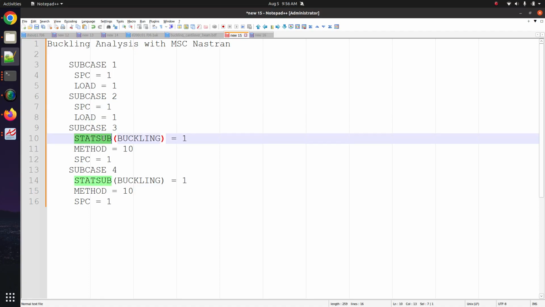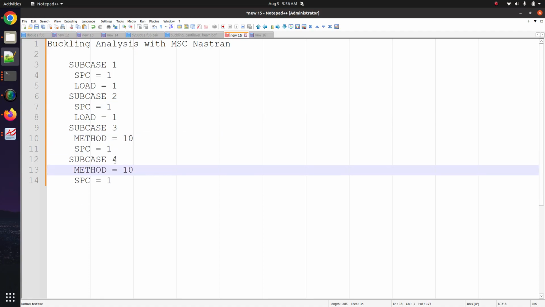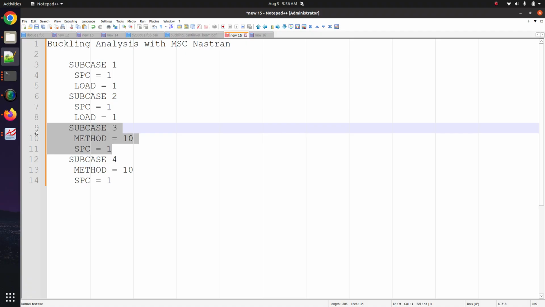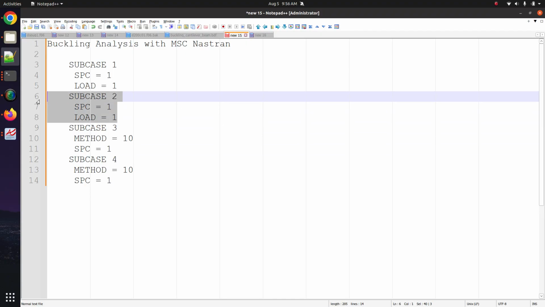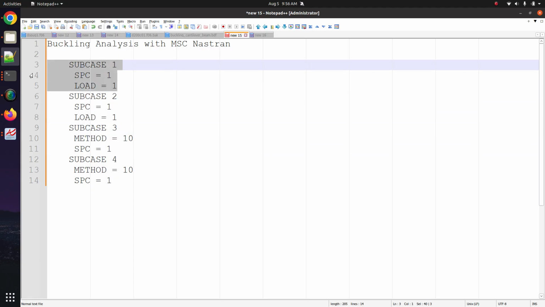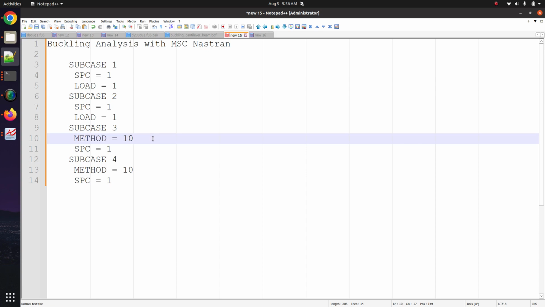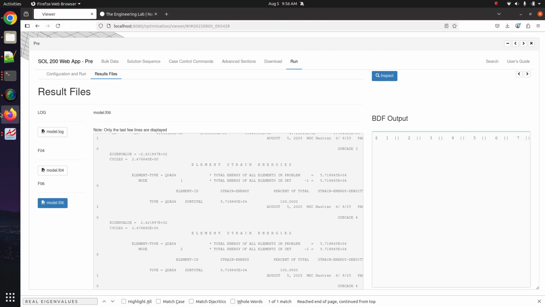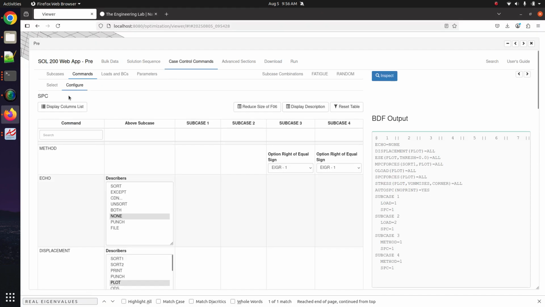I did not include the StatSub commands. So what happened? Subcase 3 did perform the buckling analysis, but we do not know for which subcase it did the buckling analysis for. Does subcase 3 take the results from subcase 2 and perform the buckling analysis? Or does subcase 3 take the results from subcase 1? We don't know that. So I made the mistake of not including that.